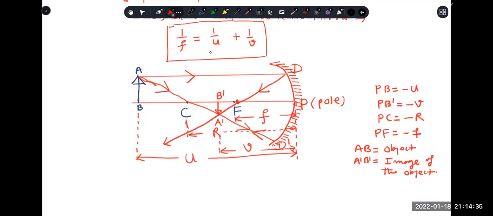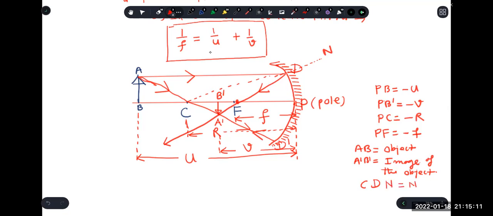Now another line must be joined from the center of curvature to the point of incidence. We will draw the line as a normal, C to D. This dotted line acts as the normal at the point D. So we are writing it as CDN.